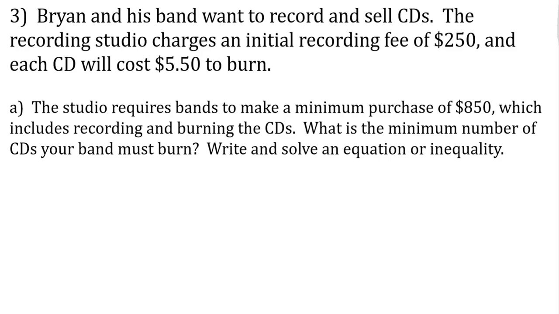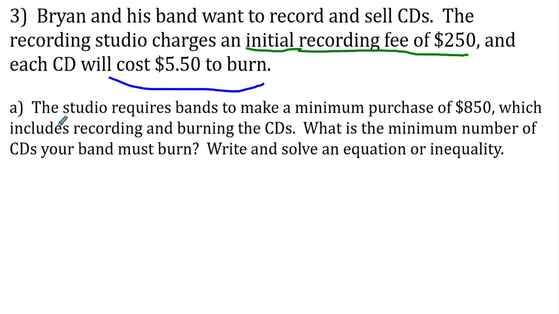Let's try another scenario. Brian and his band want to record and sell CDs. The recording studio charges an initial recording fee of $250, and each CD will cost $5.50 to burn. Those are some pretty important things right now, so I'm going to underline the recording fee and the cost for each CD to burn.